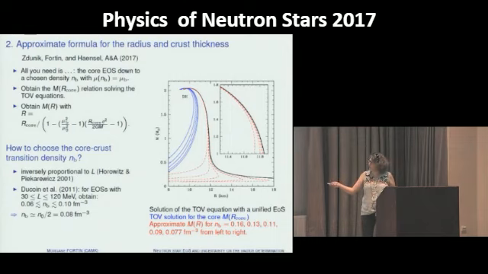So a good prescription for the core-crust transition in our approach is to take half saturation density. With this value, you can obtain the relation between the total radius and the mass of the star just using the core equation of state with a very good approximation.